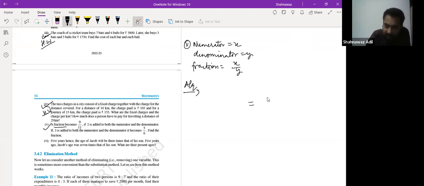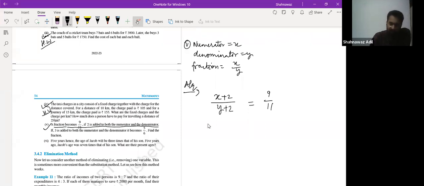So if 2 is added to both the numerator and denominator, your fraction is x by y, and you add 2 in the numerator and 2 in the denominator, and it becomes 9 by 11, right?